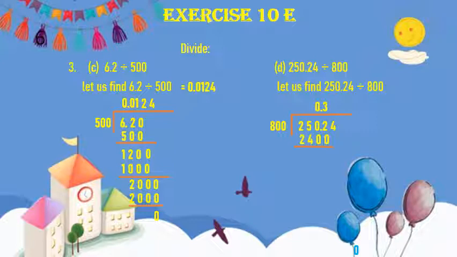So 800 threes are 2400. So in the quotient part we will write 3 after the decimal point and then 2400 subtracted from 2502 gives 102, right?